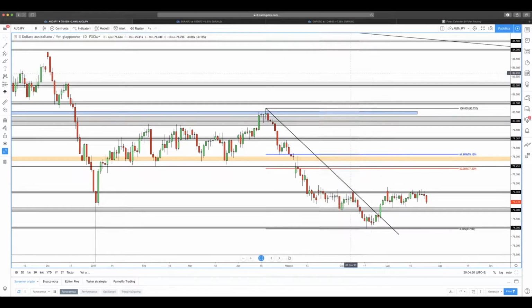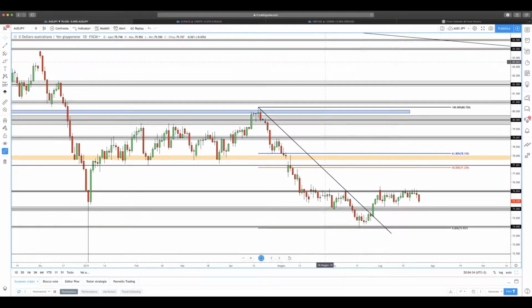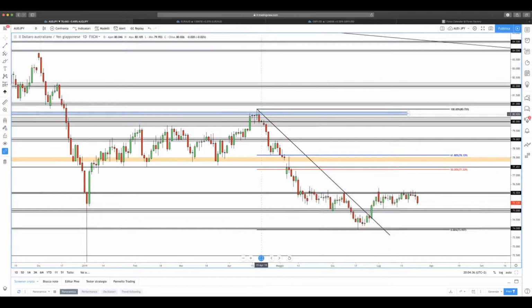We are on the daily time frame, and we can see here that the price during the last weeks tried to pass this key level here, failed to go higher, and from this point the price started a strong bearish movement that brought the price to touch this key level here in the last weeks, 7.4.